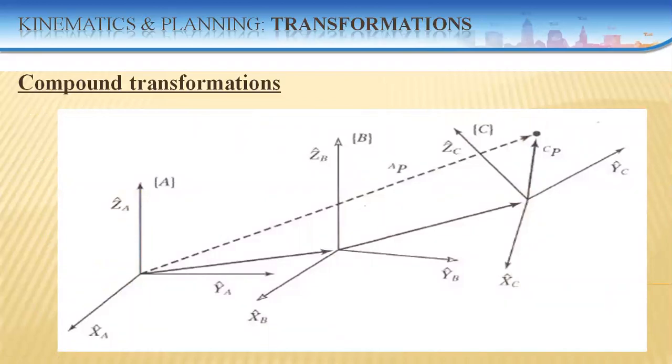The compound transformations compare the rotation, translation, and further rotation, and compare the end effector position with respect to the initial condition, and after the transformation there is the final condition with respect to the base part.